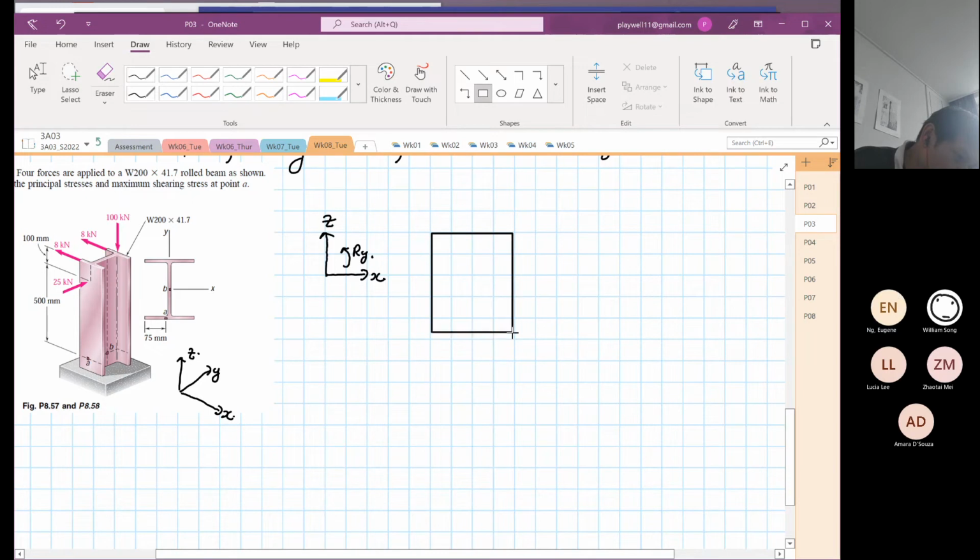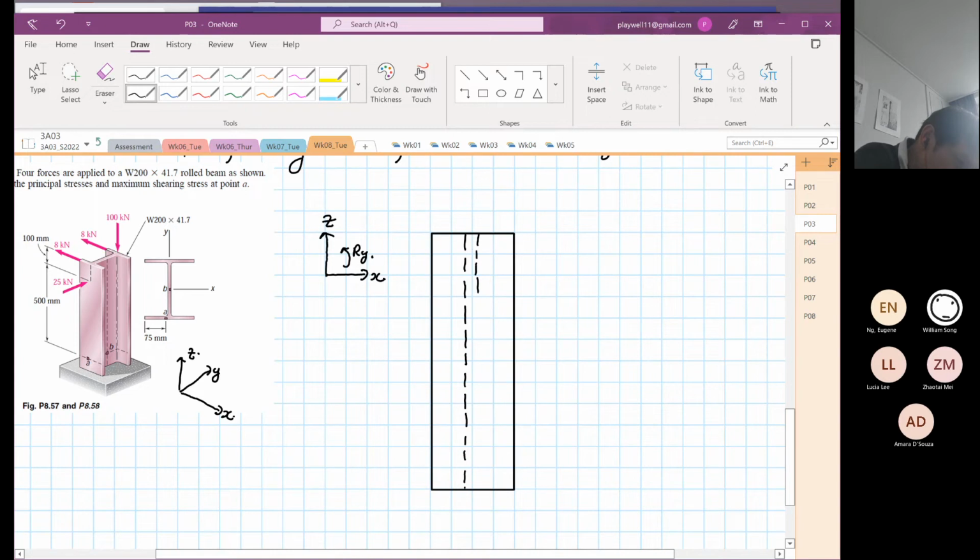This is the height, and then we have hidden details, the beam, which have to be more defined, so you guys know what we are looking at.